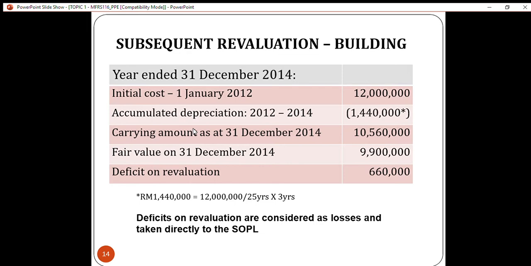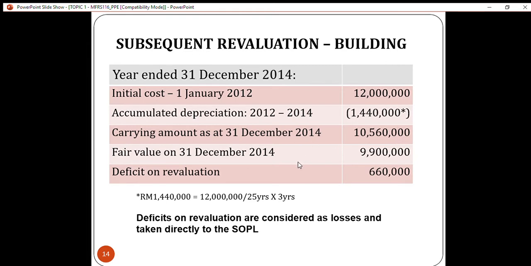So the carrying amount as at 31st December 2014 is 10,560,000. So actually, how do you get the accumulated depreciation here? You can refer to the calculation below. It's 12 million, the initial cost, divided by 25 years times 3 years. So that's the amount of accumulated depreciation.